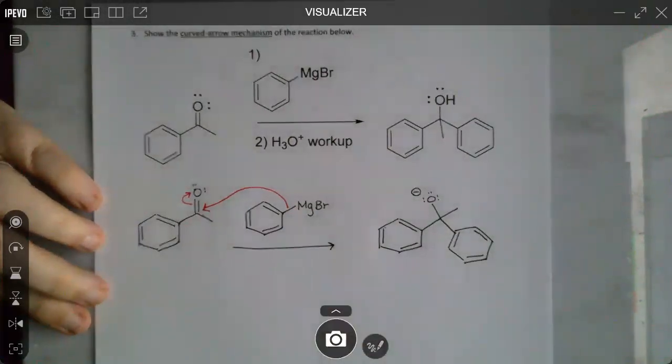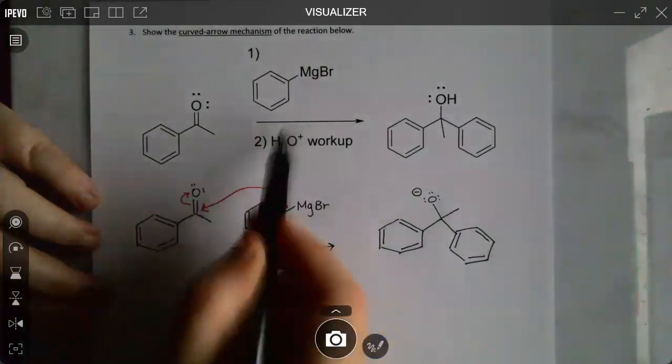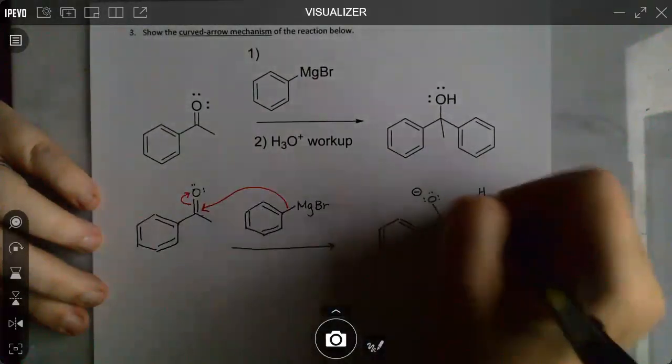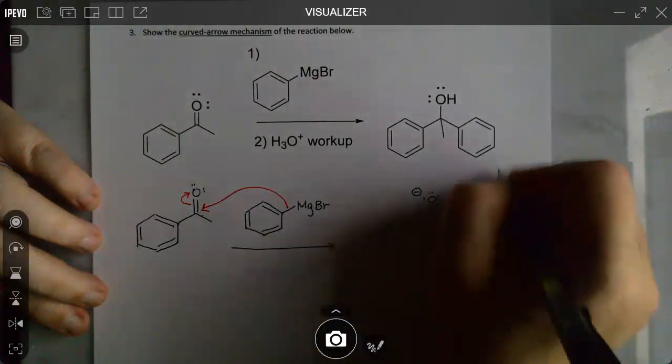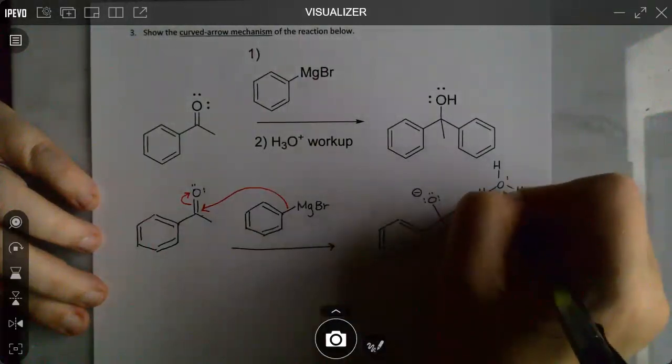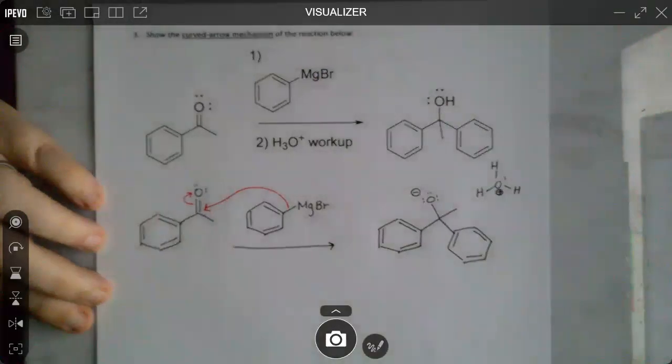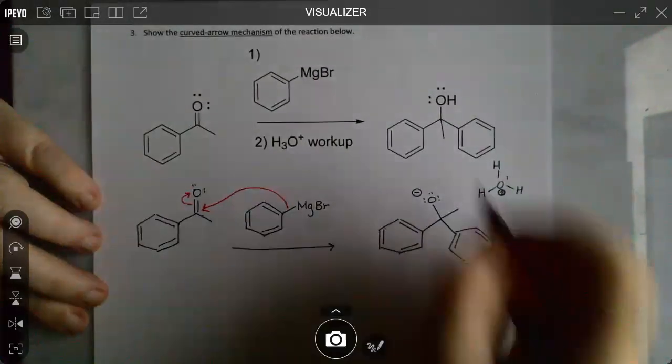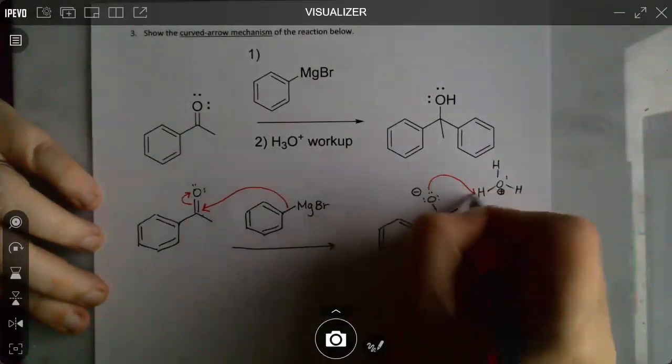And then in the next step, we're introducing H3O+, which is an acid, and we want to show proton transfer.